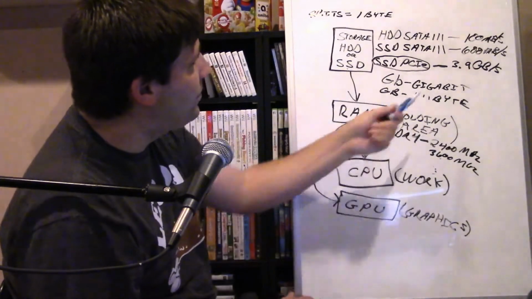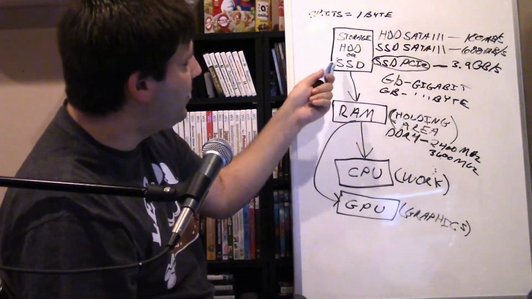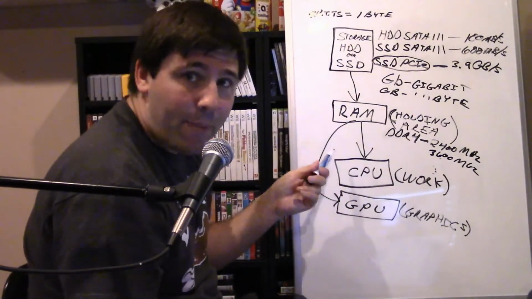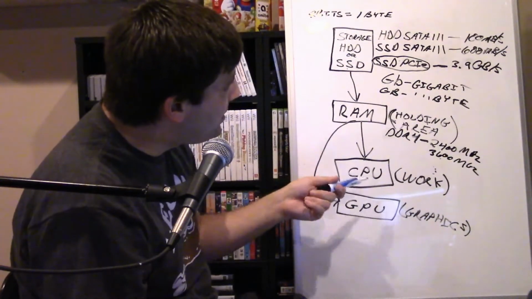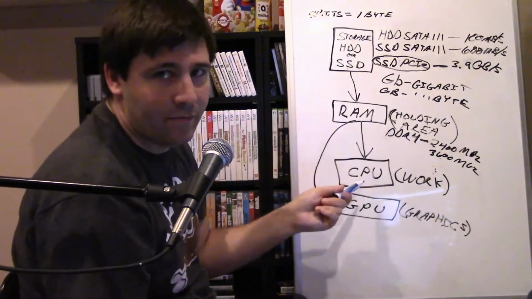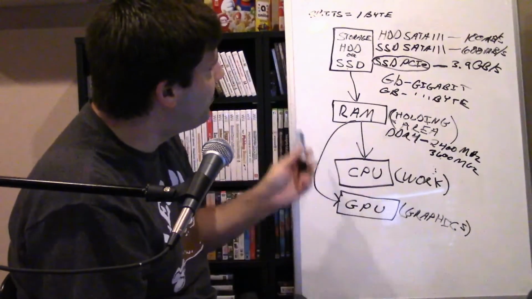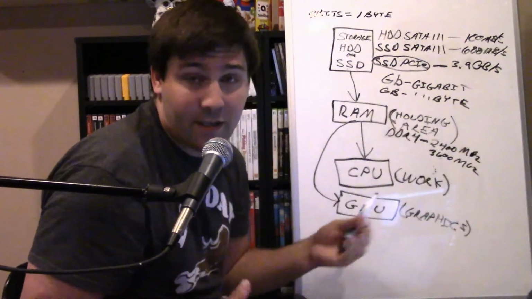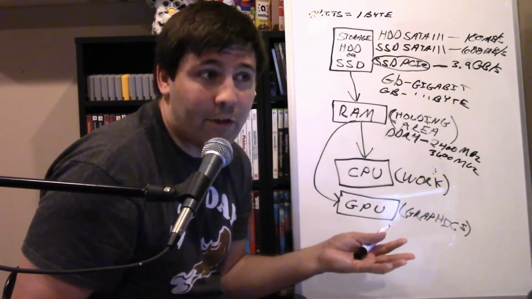So if you try to go from here to here, you're going to be bottlenecking your system, because the CPU can actually handle information faster than this is giving it. And the simple answer is because PCs just simply aren't designed to do that.